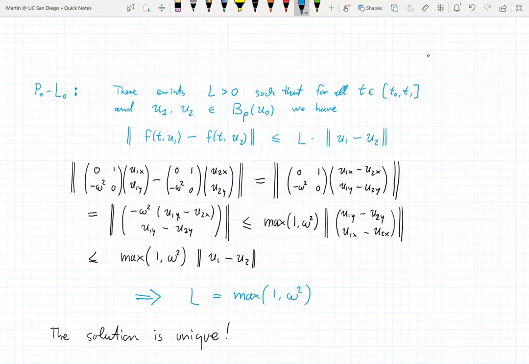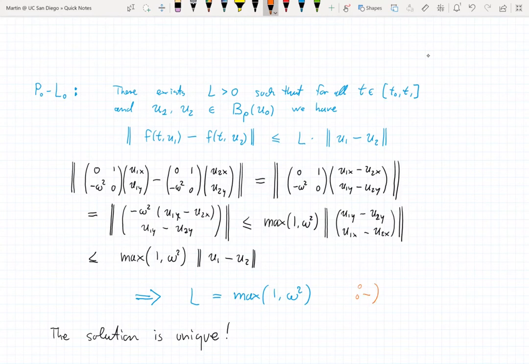And in fact, it's equal to the maximum of 1 and omega square multiplied with the Euclidean distance of u1 and u2. So the conclusion is that this constant L that we have tried to find can be picked as the maximum of 1 and omega square.